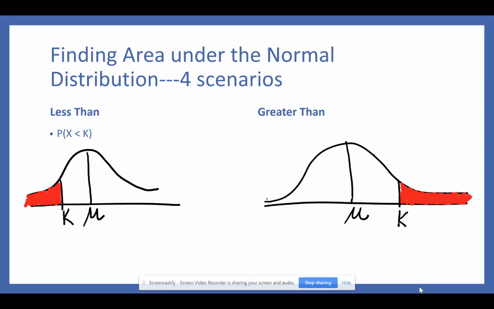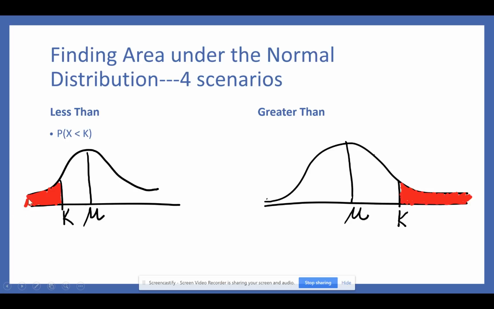Symbol-wise, you would have P for probability, parentheses, the variable X is less than some number k. Visually, you draw a horizontal number line, our bell-shaped normal distribution, the mean is in the middle, and then we have our value k, which is our focus value or the one we're interested in.